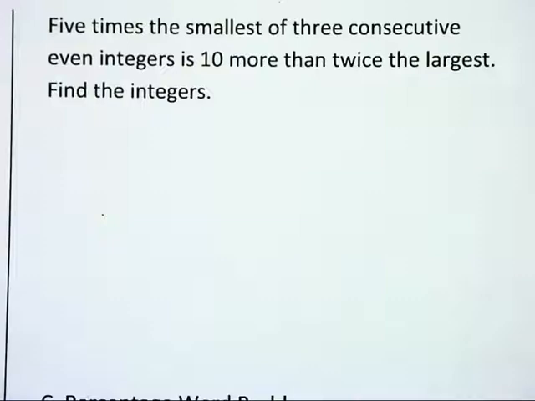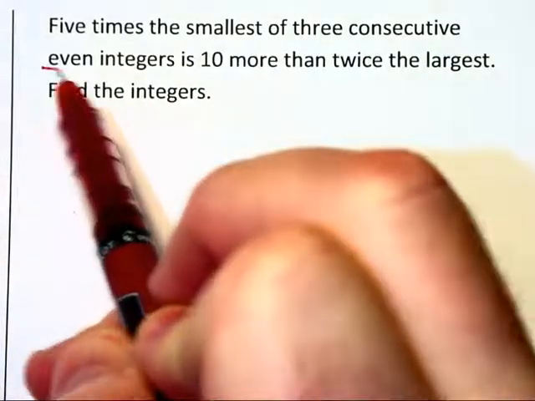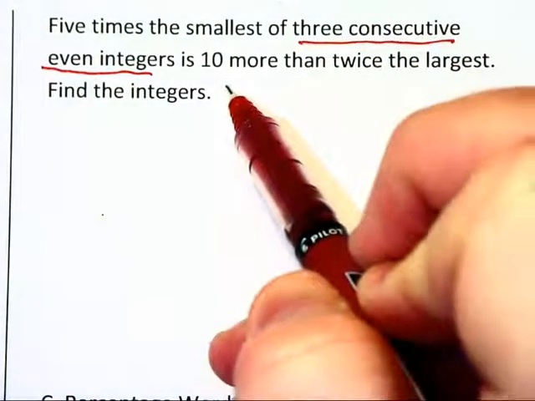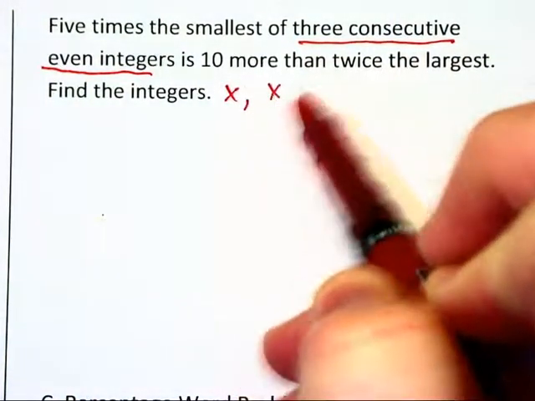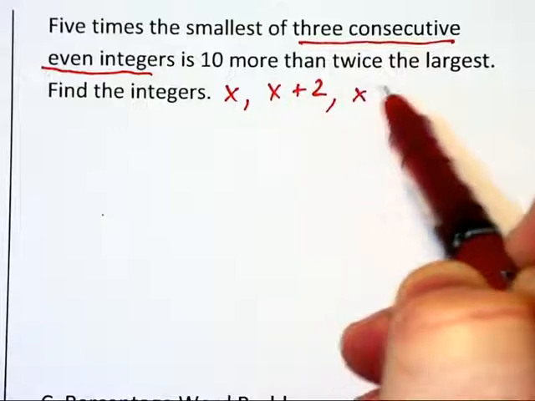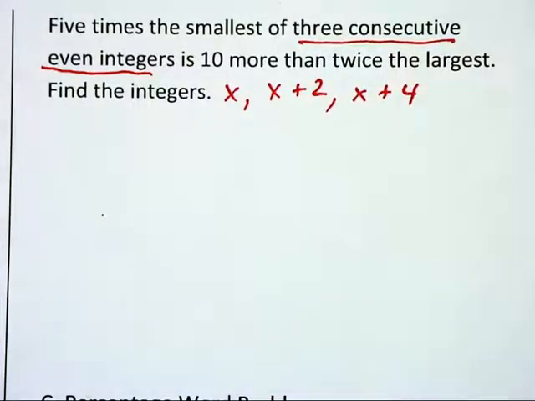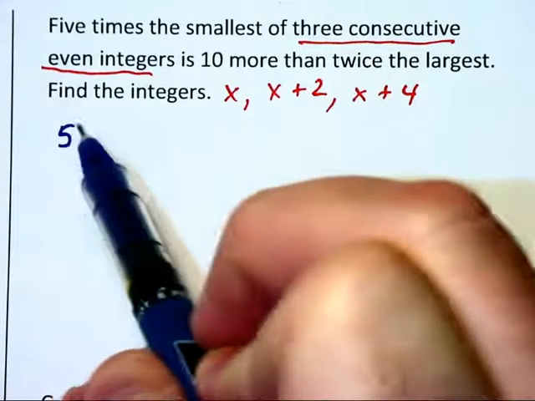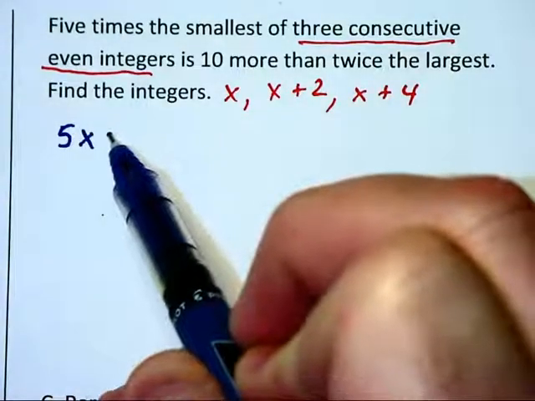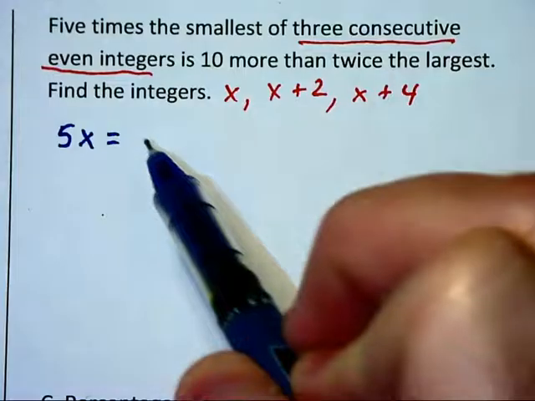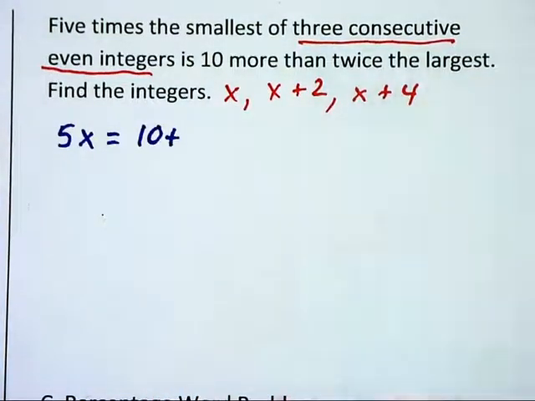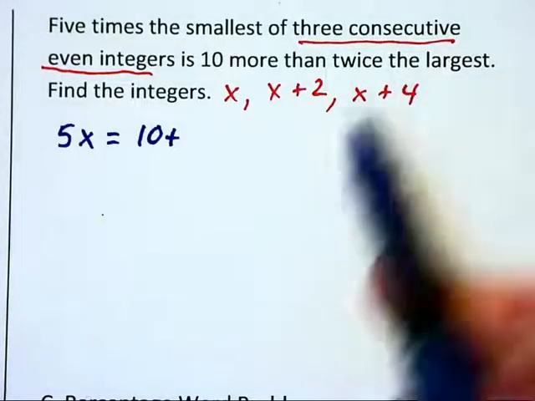4 times the smallest of 3 consecutive even integers. I see the word even there, so I know I'm dealing with x, x plus 2, and x plus 4. Now 5 times the smallest of these, that's 5 times x, is, there's my equal sign, 10 more than, I can put a plus 10 at the end, but because addition is commutative, I might as well just go 10 plus right now.